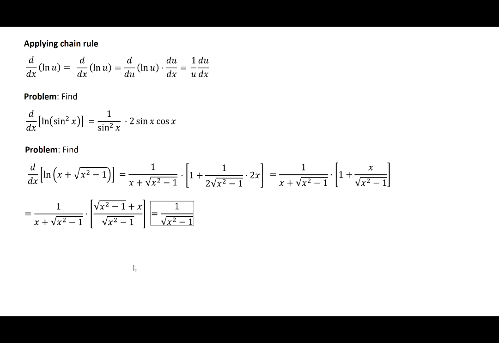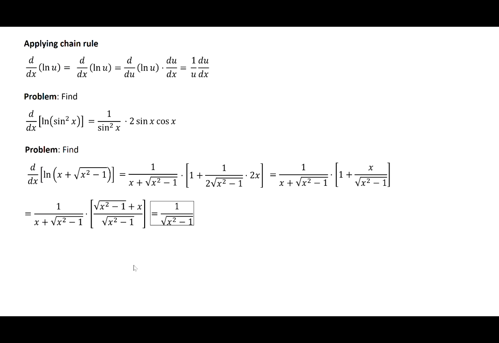We are not there yet, but if I tell you that, maybe as you are memorizing, you might want to ask yourself the opposite way as well. Meaning, the derivative of sine x is cosine x. So what is the antiderivative of the right hand side, the cosine x? The answer is sine x. That makes sense. The derivative of sine x is cosine x. So the antiderivative of cosine x is sine x.